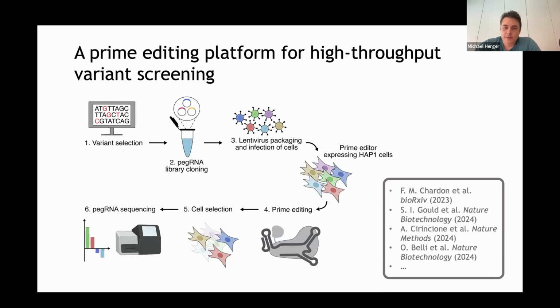As the prime editor and pegRNA are complemented within each cell, prime editing activity can begin and variants are installed across the genome. This is followed by a cell selection step where these variants are challenged in the cell pool. Finally, we conclude by sequencing the lentivirally delivered pegRNA cassettes to determine variant effects as a measure of pegRNA abundance changes across the cell selection step.